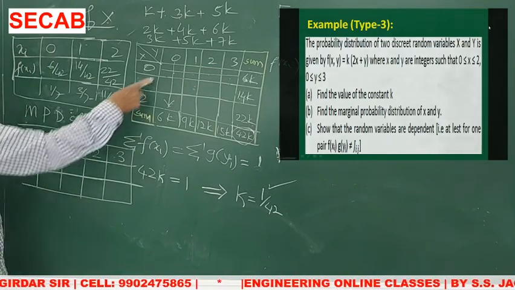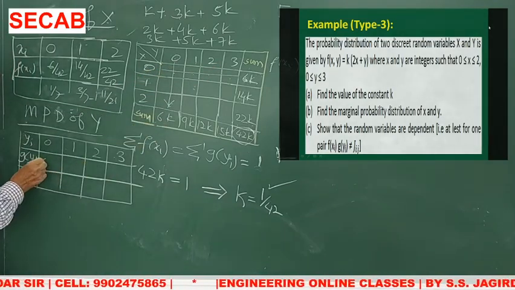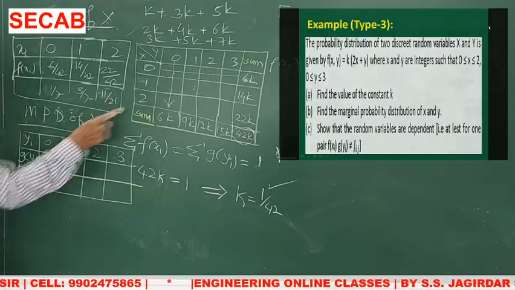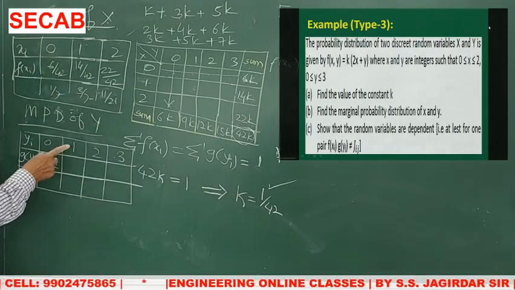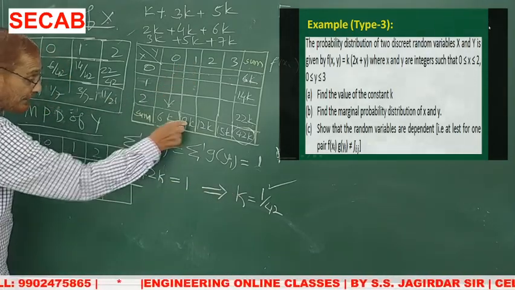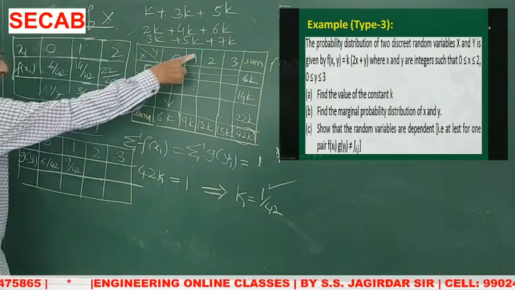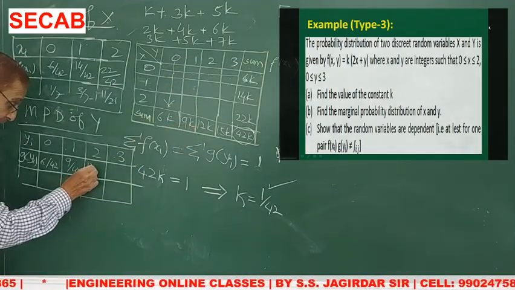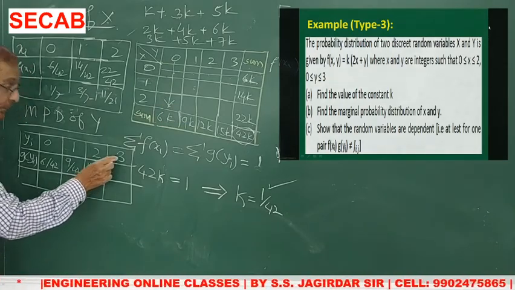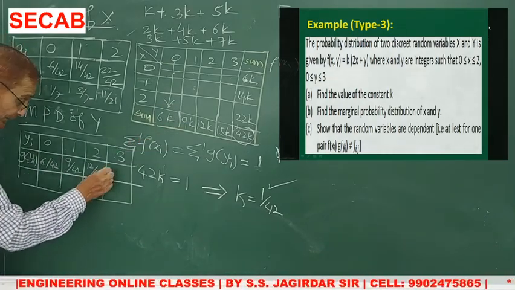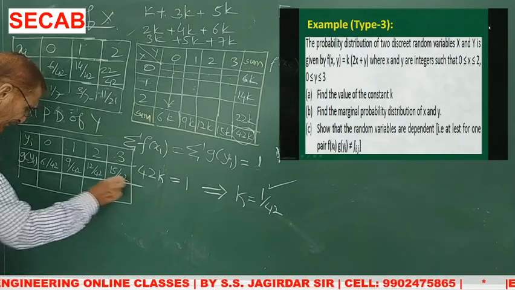What is the marginal probability for 0? 6k, that is 6 upon 42, because k is 1 upon 42. For 1 it is 9k, 9 upon 42. For 2 it is 12k, that's 12 upon 42. And for 3, 15k means 15 upon 42.